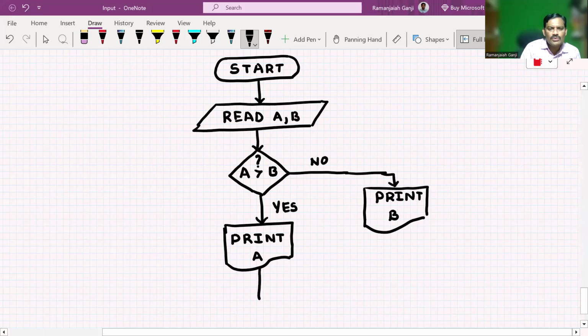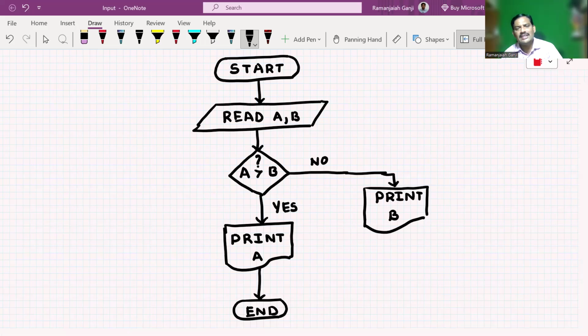Anyway, you have to make the flowchart end. Every flowchart should have only one start and one end. But this is a totally wrong flowchart. I will tell you how. For example, start, read A comma B. For example, A is equal to 20, B is equal to 10.